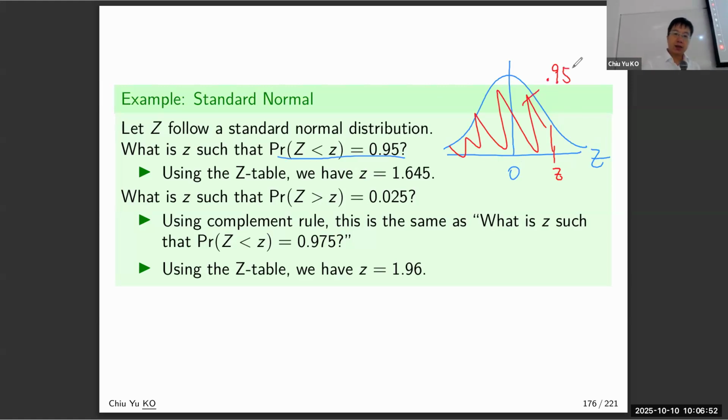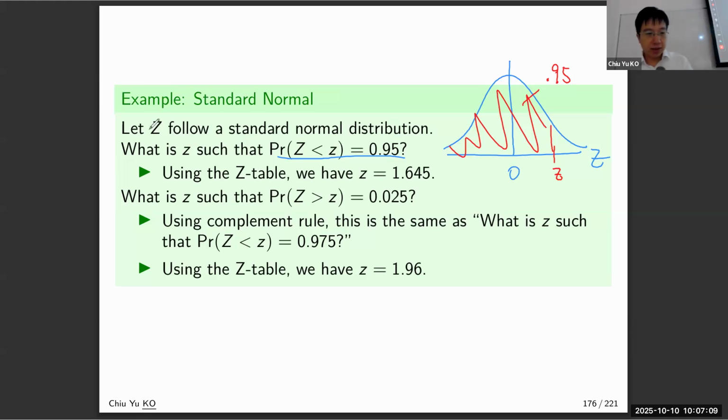How do you do it? You just read the table, because our table gives the area on the left-hand side. I look in the table for the entry closest to 95%, because you read it the other way around.